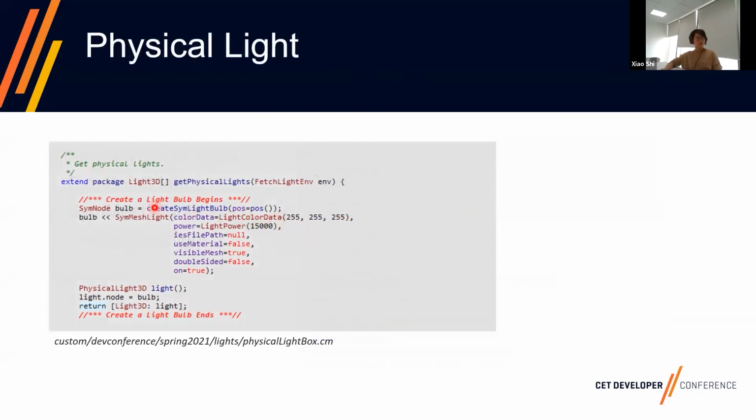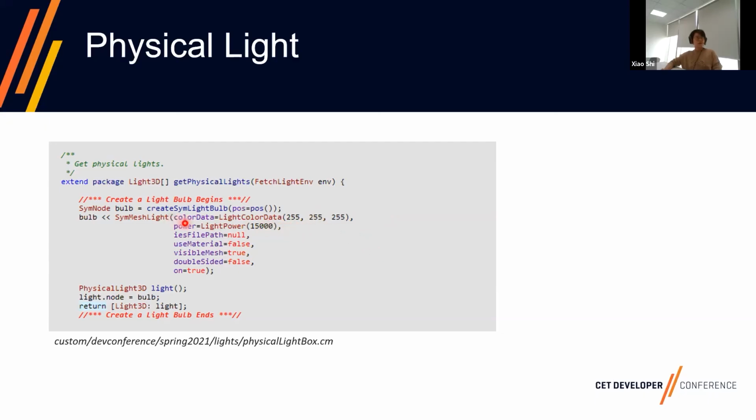So when you have a sim light, or let's say a sim mesh light, you can see that we pass in a whole bunch of parameters here. The color data is just a color that you can pass in, or we can have other helper functions. You can pass in a temperature, like the way that we did before.